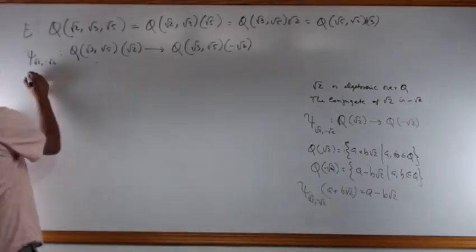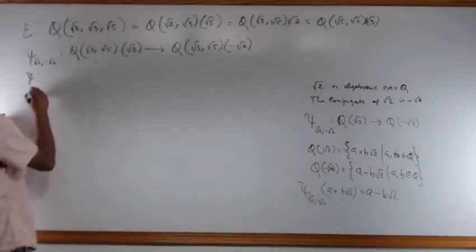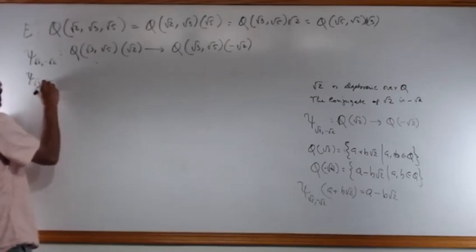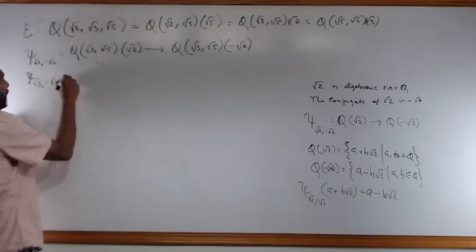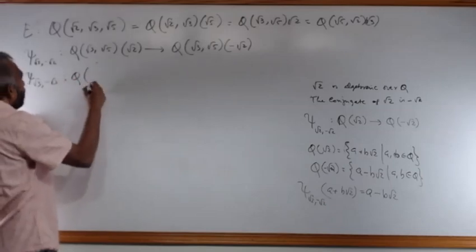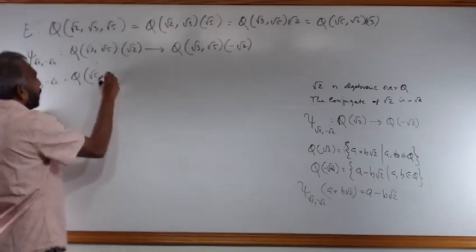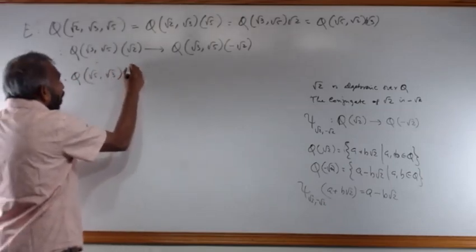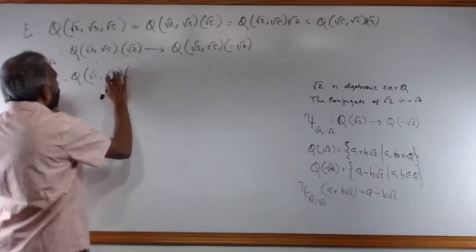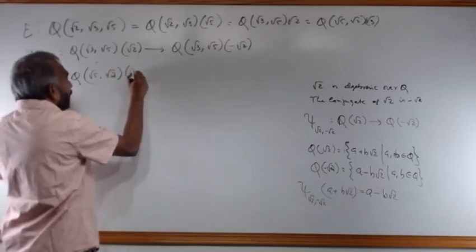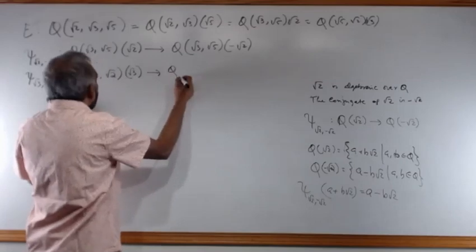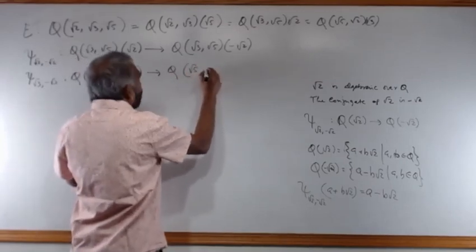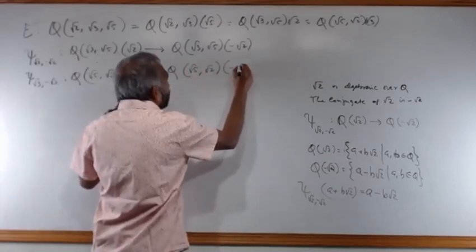Similarly, we define psi of root 3 comma minus root 3 from Q of root 5 comma root 2 of root 3 to Q of root 5 comma root 2 of minus root 3.